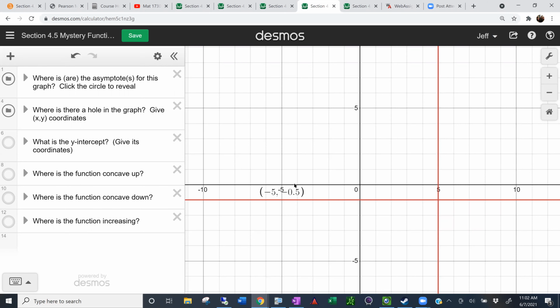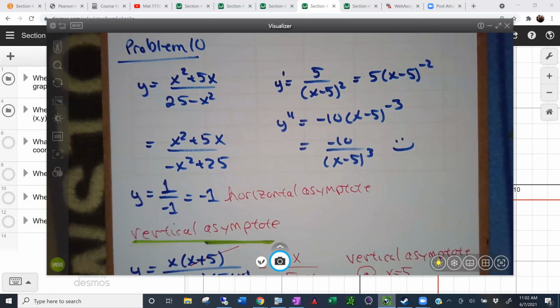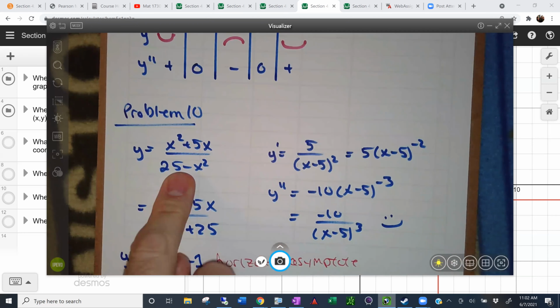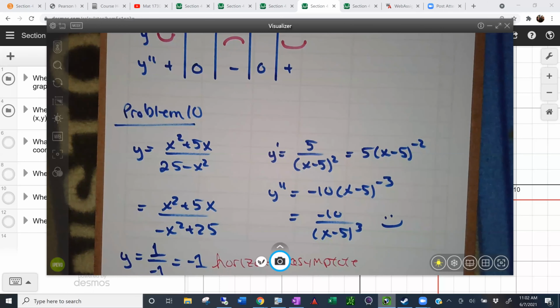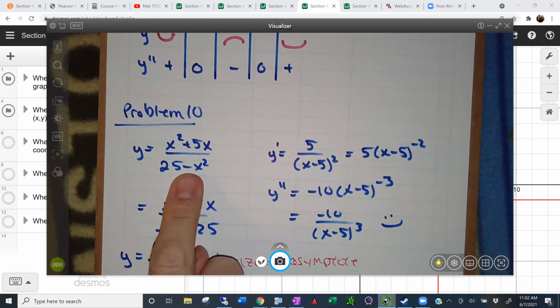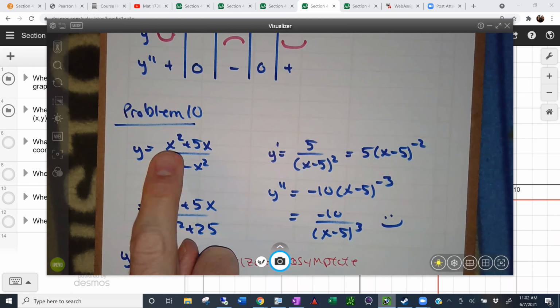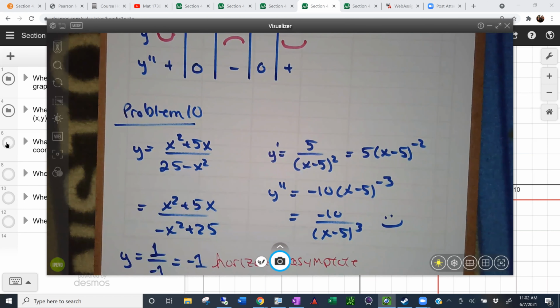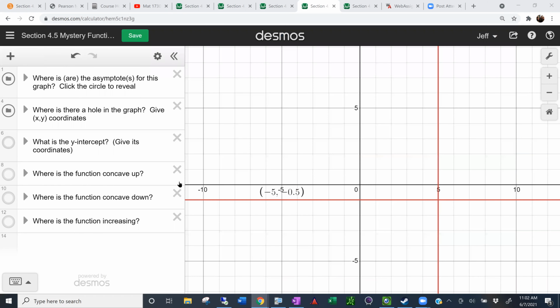So if you go all the way back to setting x equal to 0, where's the y-intercept? Where's that going to cross the y-axis? If I set x equals 0 in the function, not in any of its derivatives. Someone want to do that for me? 0 squared plus 5 times 0 divided by 25. It's going to be 0, right? So that's going to be a point on our graph as well.